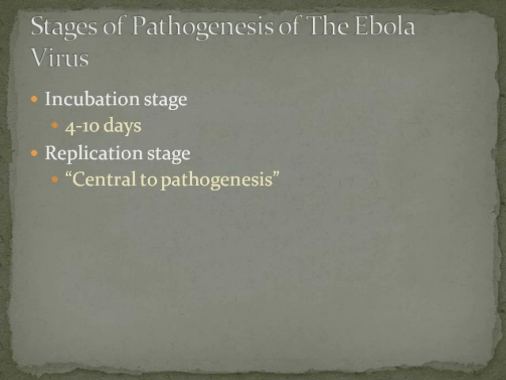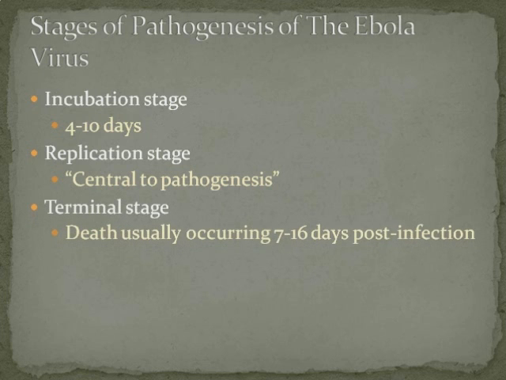The replication stage is characterized by rapid viral replication and subsequent host cell lysis due to the nature of viral reproduction, and this causes massive necrosis of organ tissue, vascular tissue, pretty much all the tissues in the host body, but especially relating to the cardiovascular system and underlying endothelial cells within the vessels.